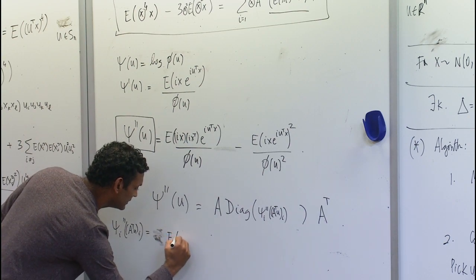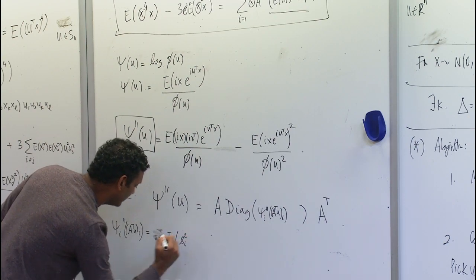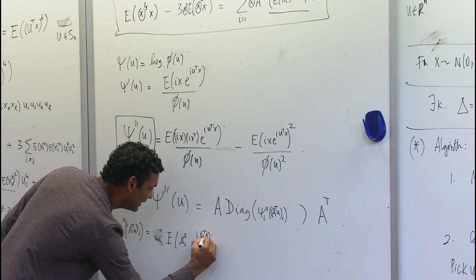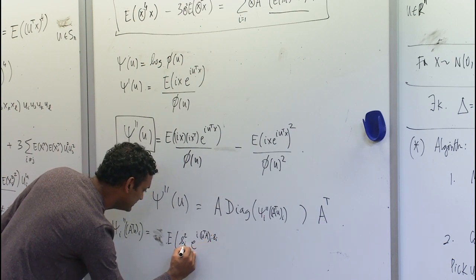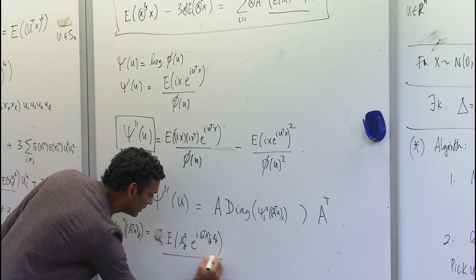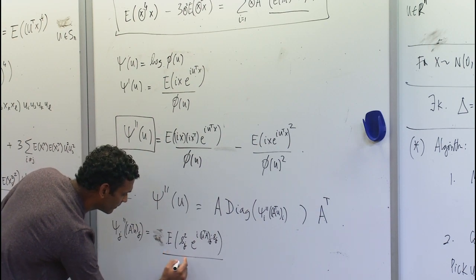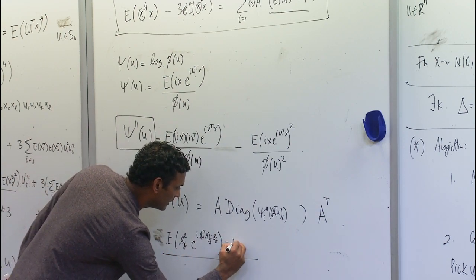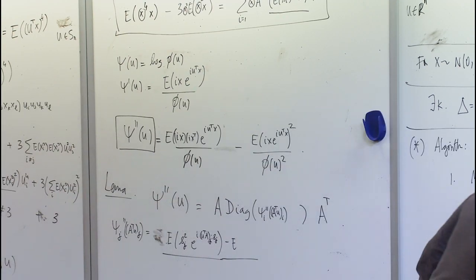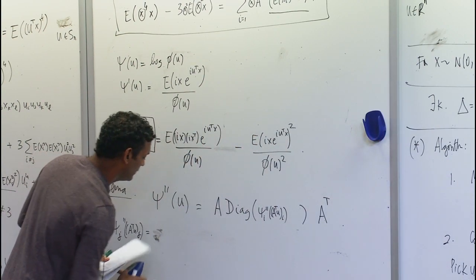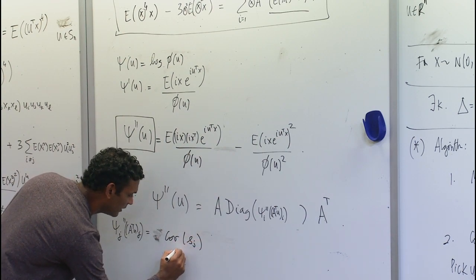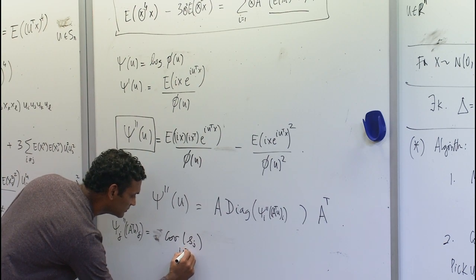It's the expectation of S_j squared e to the i u transpose A_j S_j, or let me call it j here to avoid confusion, divided by, minus the, so let me just say it's the reweighted covariance of the S_j. It's the covariance of S_j under the weighting e to the i u transpose A.